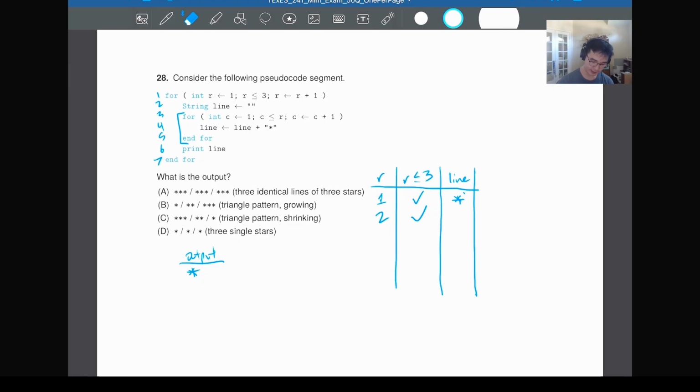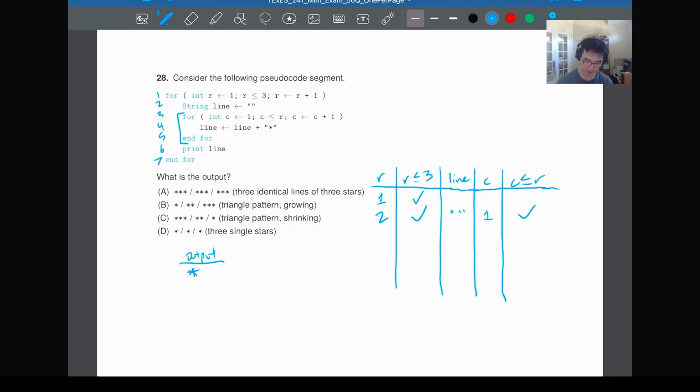And now line is going to be a blank string. Okay, I go to line 3, so C is now 1. And then I ask, is C less than or equal to R? Is 1 less than or equal to 2?